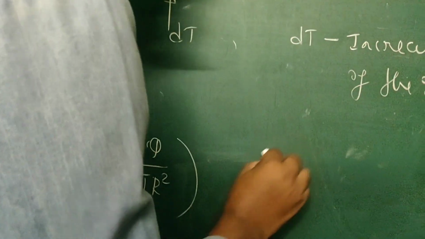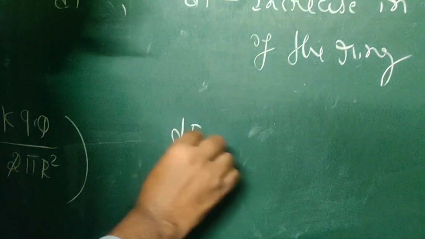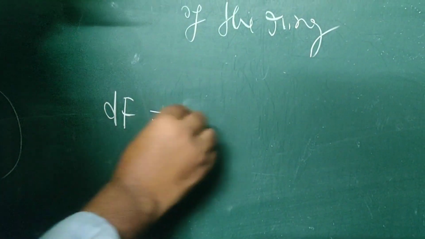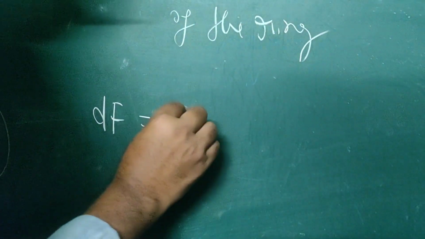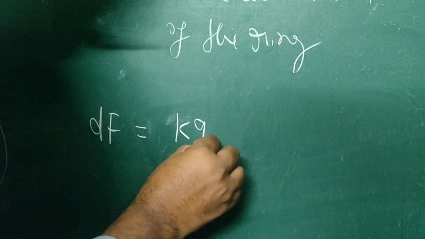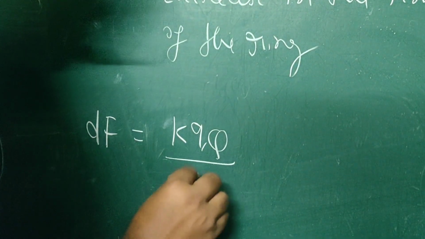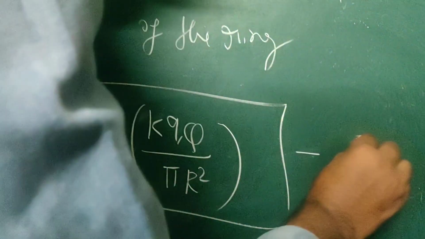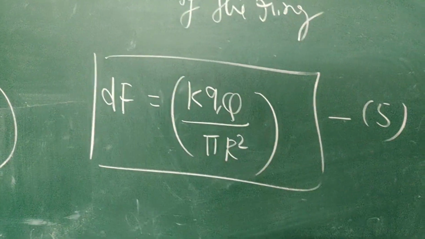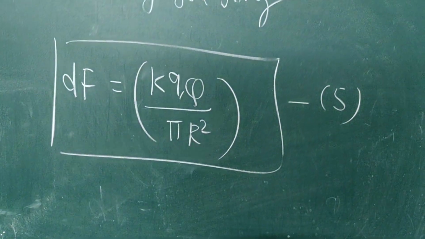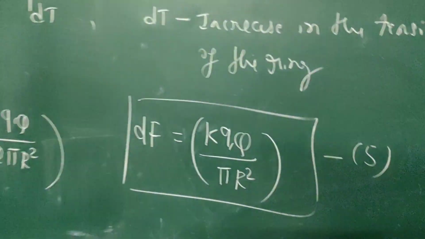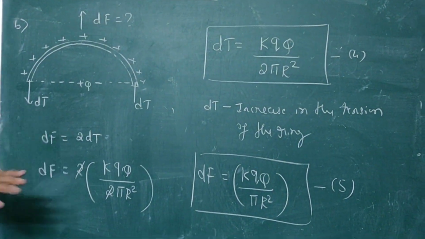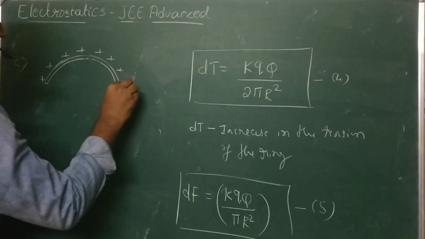So finally, the force acting on one of the parts of the ring, I'll call it equation number 5. Please take a look at this. So this will be the force acting on this semicircular part of the ring due to the other.